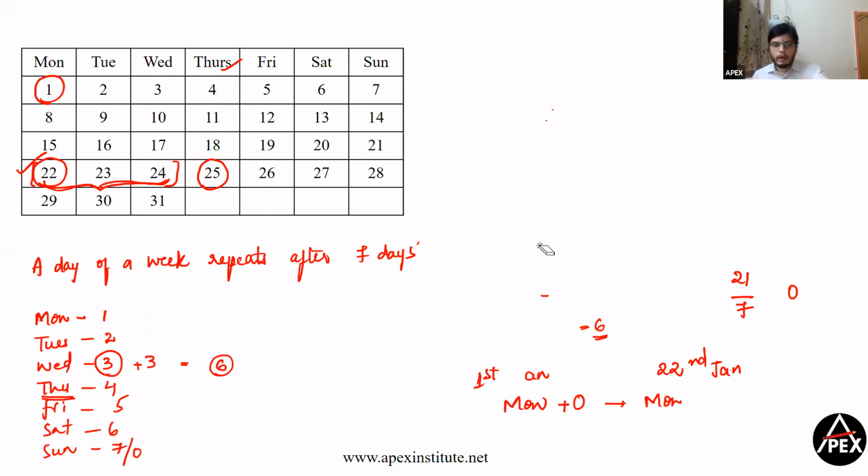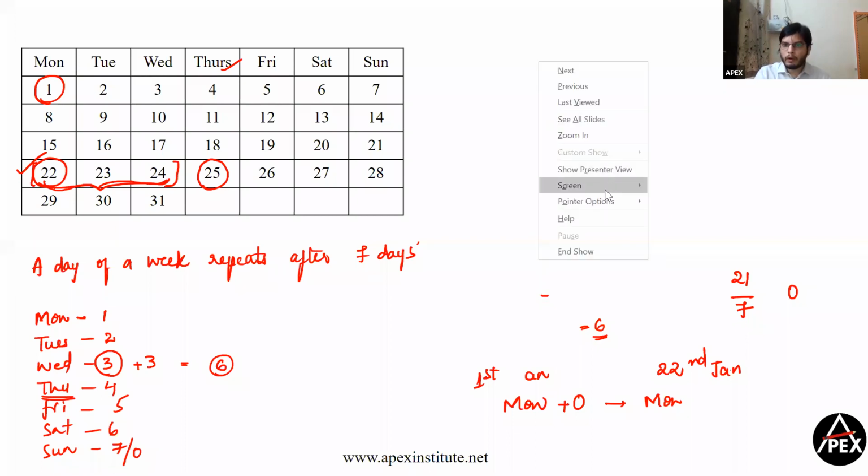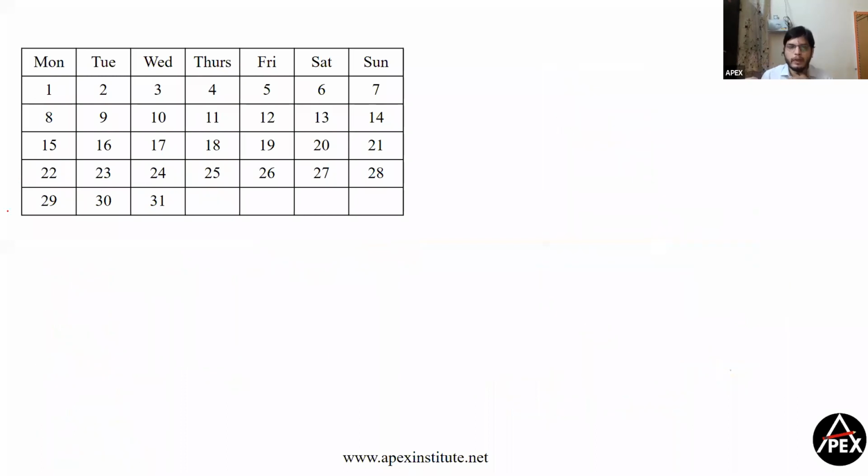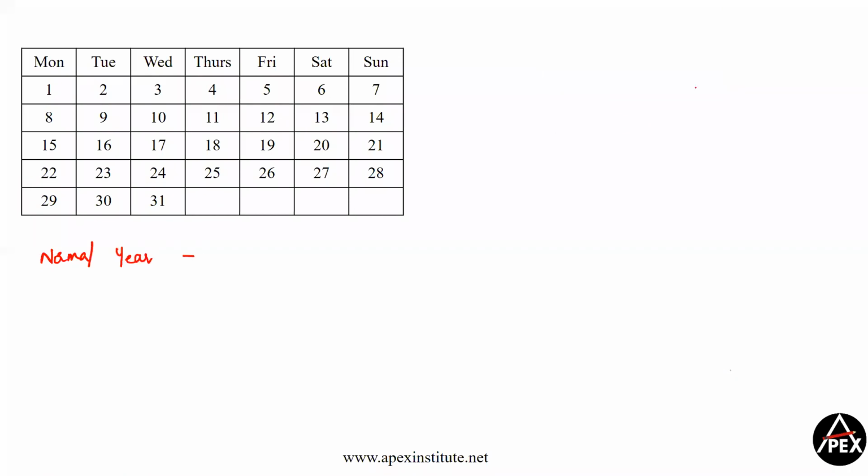Okay, guys. Now, can someone tell me what are the number of odd days in a given year? For a given normal year, what are the number of odd days? 1, sir. 1. So how do you find the number? The normal year will have 365 completed days, isn't it?